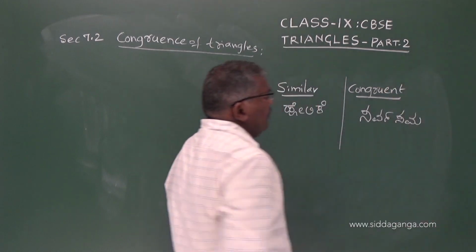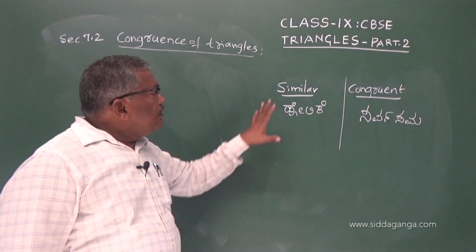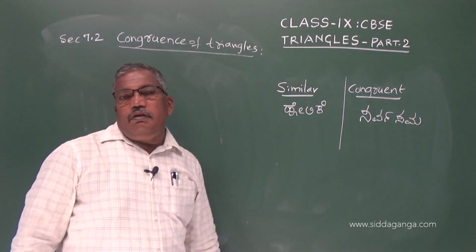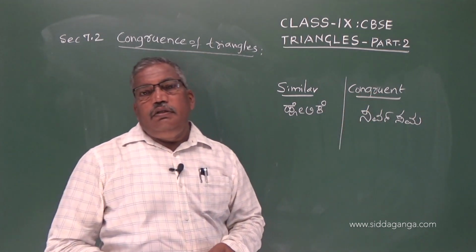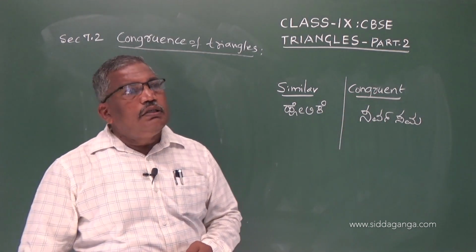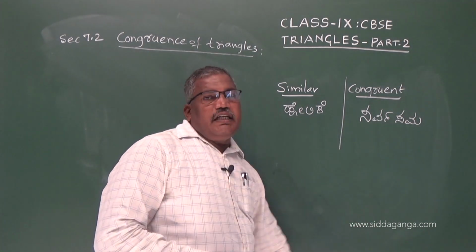You have learnt similar triangles in your previous classes, but congruent, I don't know whether you have studied a bit of it or not, but I will try to tell you what it is exactly.